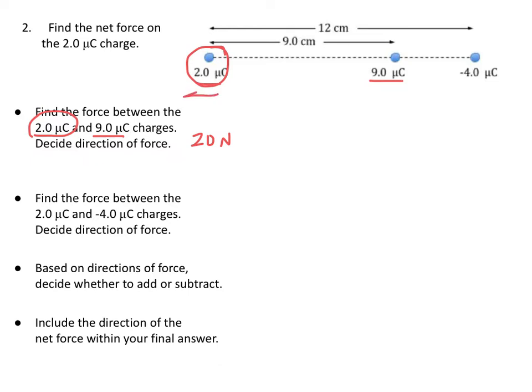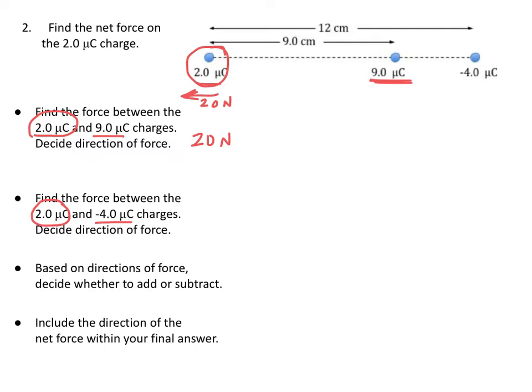And so this is to the left for the charge we're interested in. Again, it's to the right for this one, but I don't care about that right now. I'm only focusing on the one I circled. All right, now we also need to find the force between the 2 microcoulomb and the other charge, the one we added to the system.